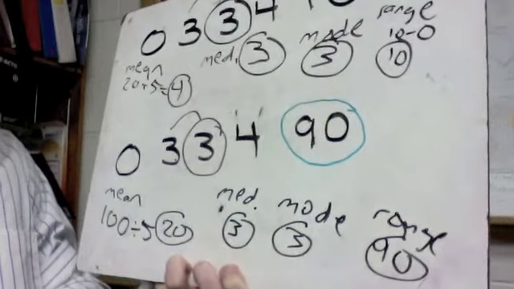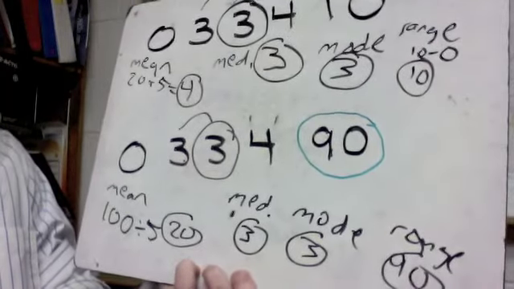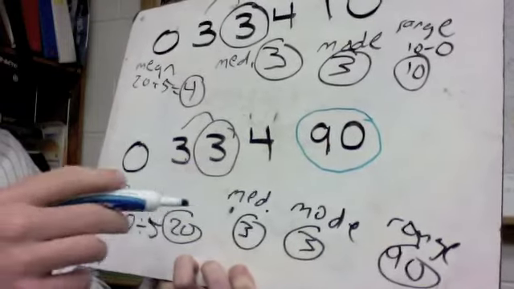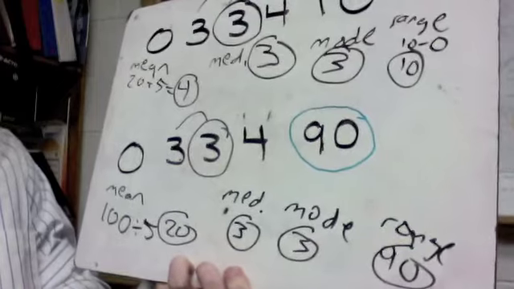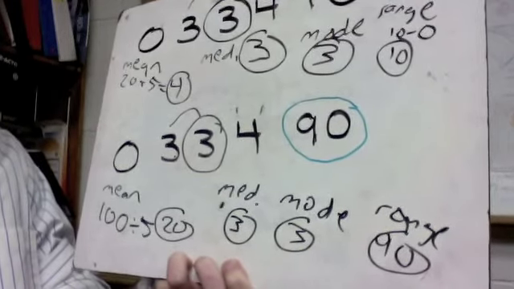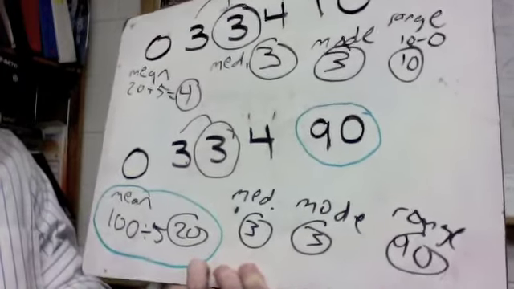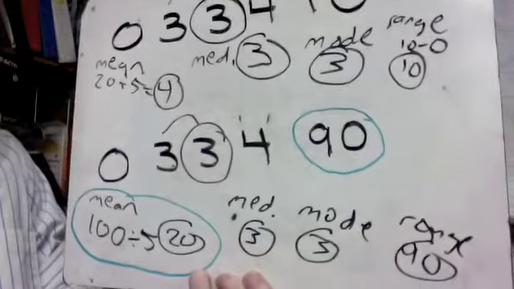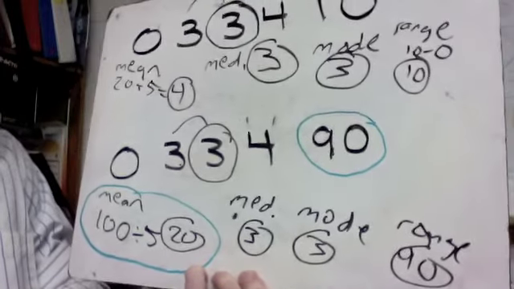If we compare our two sets of numbers, if you have an outlier, it's probably not going to affect the median that much, and it's probably not going to affect the mode that much, depending on the numbers. What it definitely will affect is the mean. The mean is affected big time with outliers. Keep that in mind. An outlier can change things drastically.